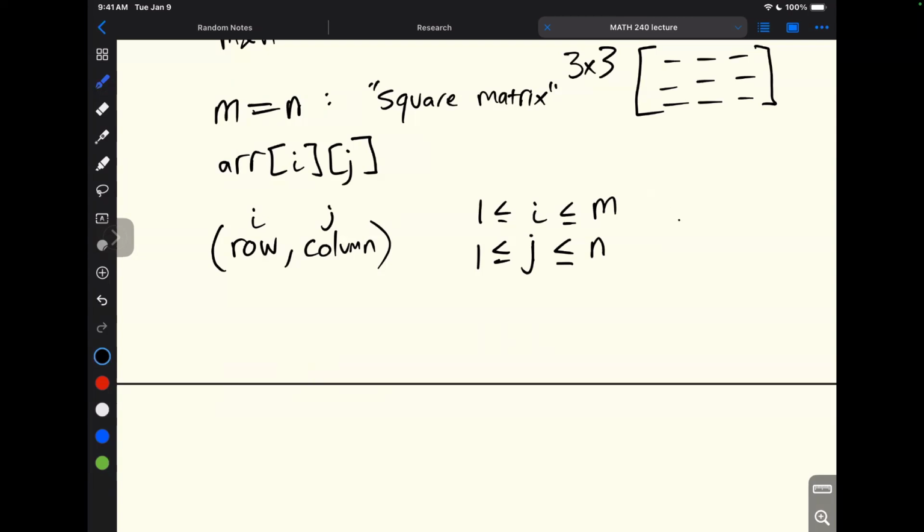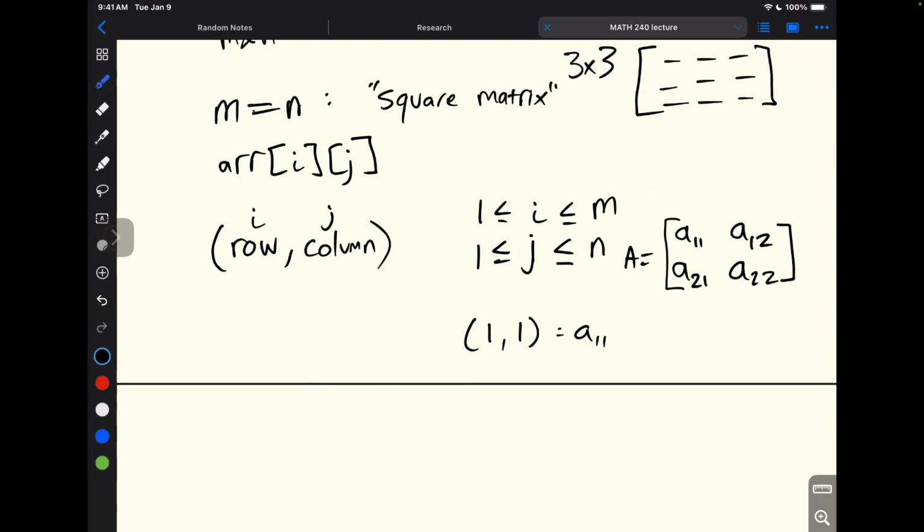And so let's look at an example. Let's say this matrix is called A, and we've got A11, A12, A21 and A22. So row 1, column 1 is A11, and we write it in shorthand next.